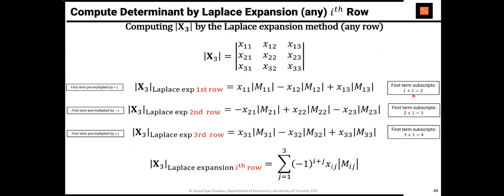So you'll notice that anytime the first term subscripts add up to an even number, you start with the plus sign. Anytime the first term subscripts add up to an odd number, you start with a minus sign. Anytime they start with an even number, you start with a plus sign. So you get a general rule right here.